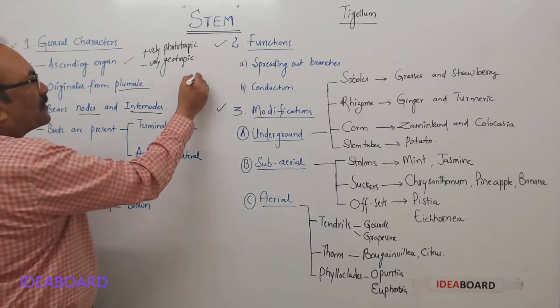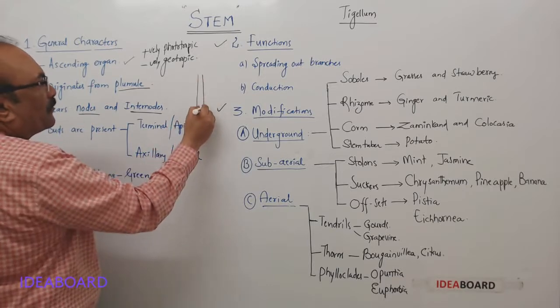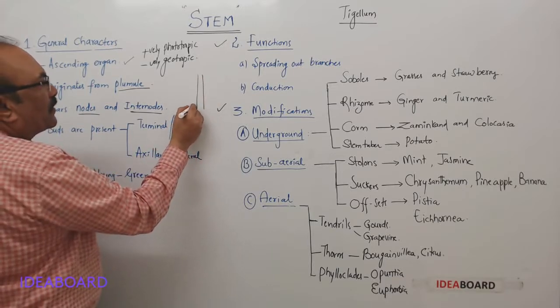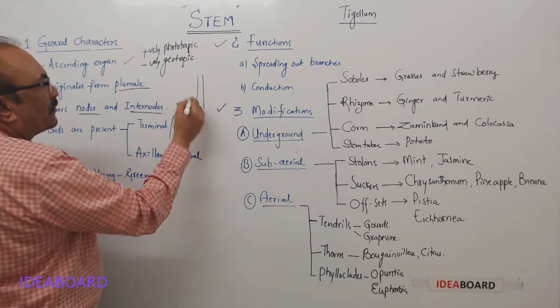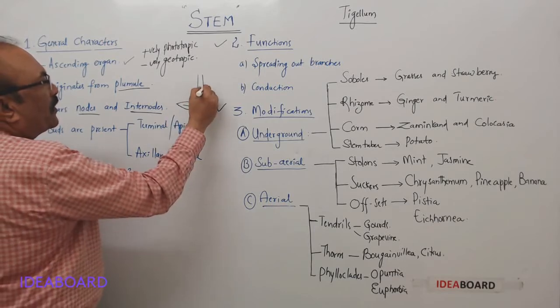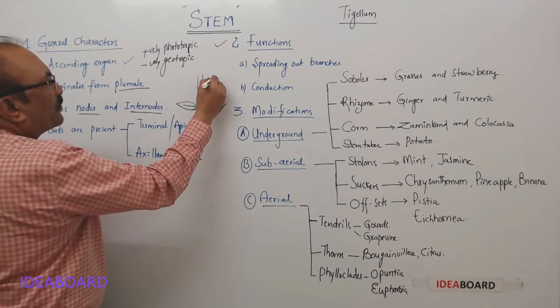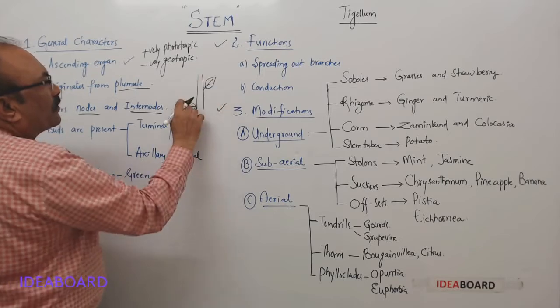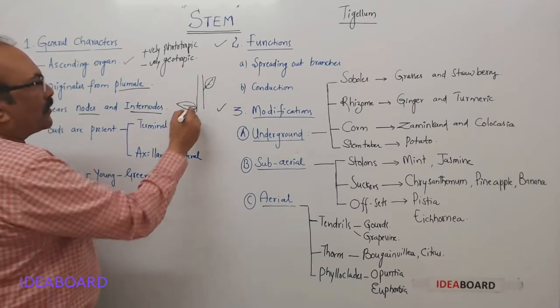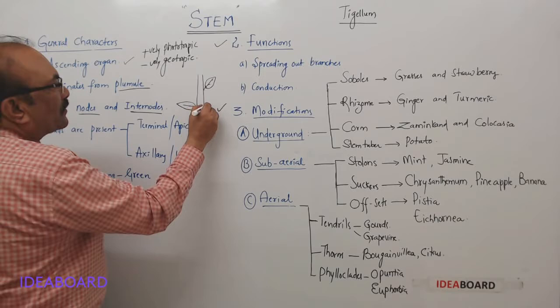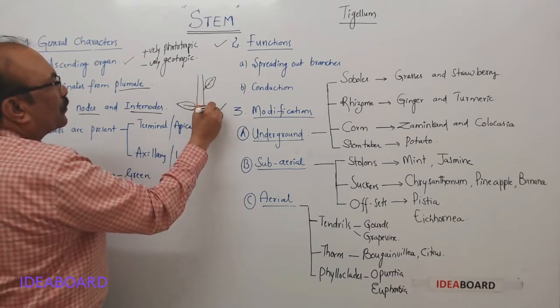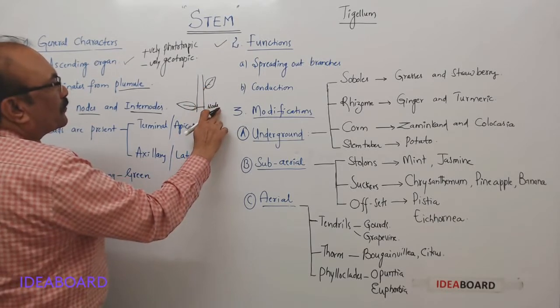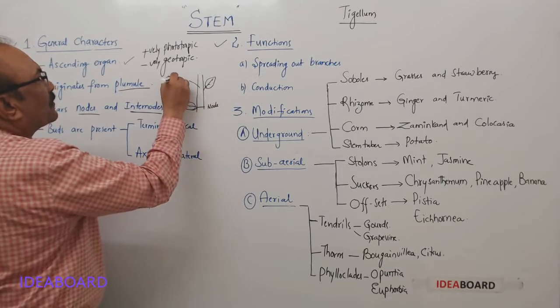Suppose this is a stem, and here there is one leaf, and here there is another leaf. These are successive nodes. This place is called a node, and this is another node.